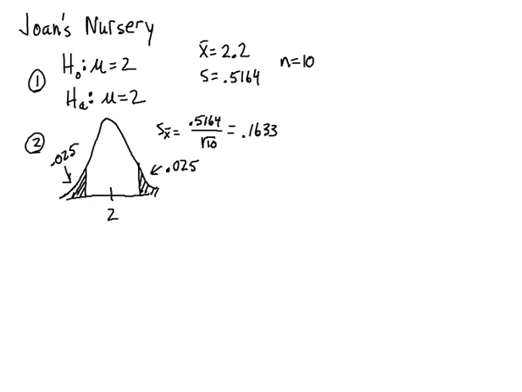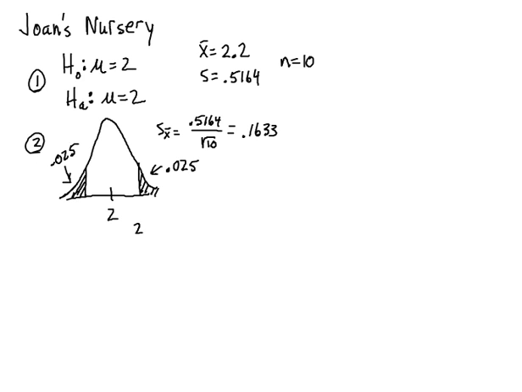Now, to find the critical values, I need to go to the t-table. In this case, the area of the upper tail is 0.025, so that's the column I'll be looking at. The sample size is 10, so the degrees of freedom, remember, is to subtract 1 from that. So I'm in row 9 and in column 0.025.